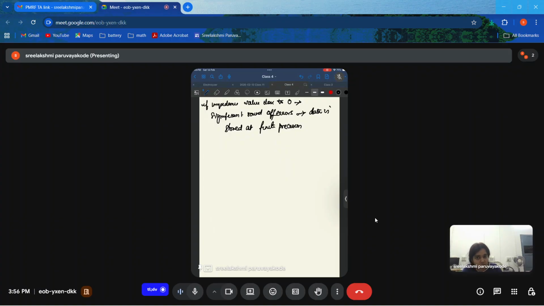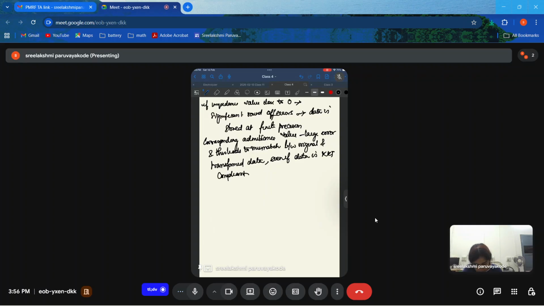So the point is the impedance value is close to zero. It has significant error, and the corresponding admittance values have large error, and this leads to a mismatch between the original and transformed data, even though the data is KKT compliant. So how do we overcome this problem?